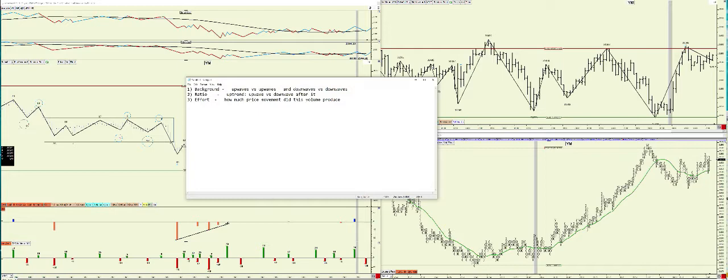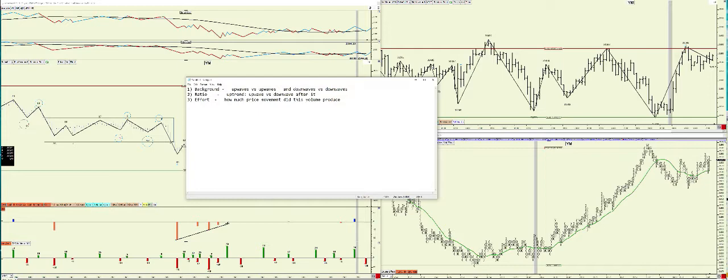The third angle that volume is used is asking how much price movement did this volume produce. So just looking at the effort and then the reward. Everyone knows this, right?